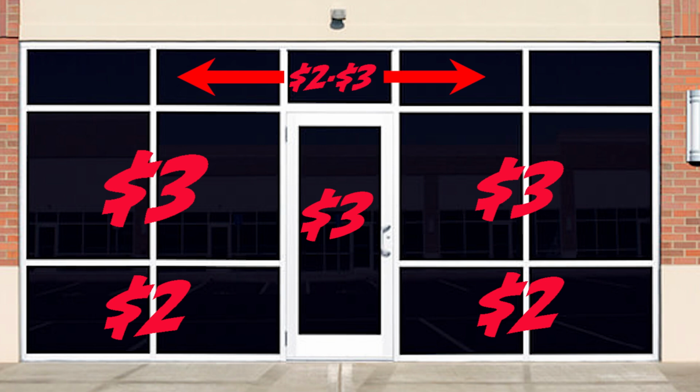If you're finding a lot of grease prints, you could go up to $4 or $5 per door. That's usually the window that I'll spend the most time on a storefront like this. This is a very basic storefront. So to give you the gist, if we're looking at it, we've got 1, 2, 3, 4, 5, 6, 7, 8, 9, 10, 11, 12, 13, 14. You're looking at roughly anywhere around $35 to $40 on a storefront like this.